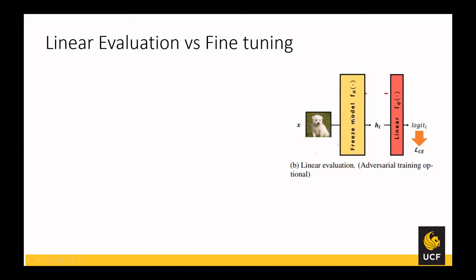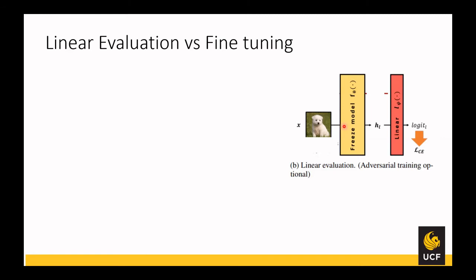And in order to train this model, there are two ways. One is linear evaluation and the other one is fine tuning. They are similar in a lot of senses, but they have a minute difference that we'll recap. So for linear evaluation, we freeze the model parameters and we train the linear layer in a supervised fashion, because in this section of the training, we have access to some part of the supervised data set.